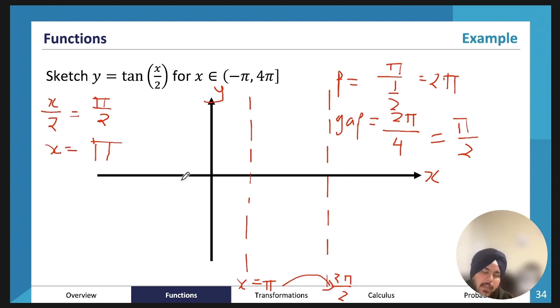So pi minus pi on 2 gives us x equals pi on 2. And then we can also go further back if we need to, but I believe that we don't need to.